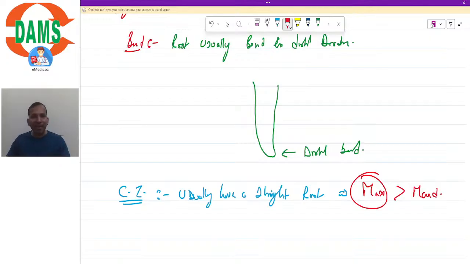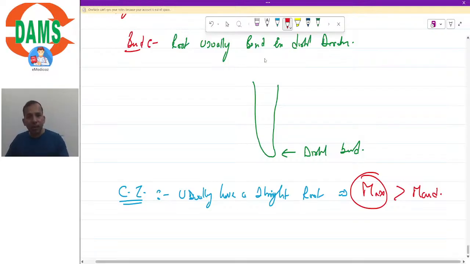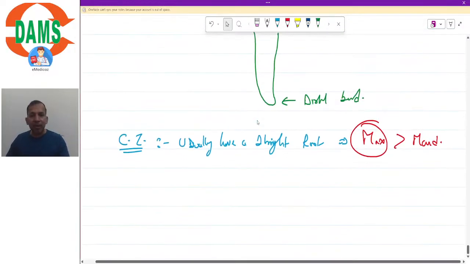But maxillary central incisor can be extracted with a rotational motion. Why? Because its root is almost straight. It does not have any bend.